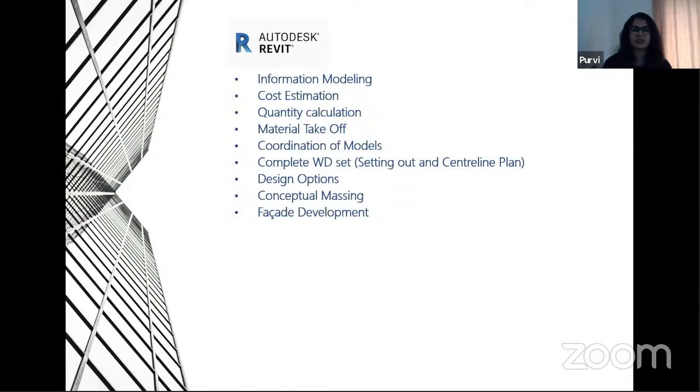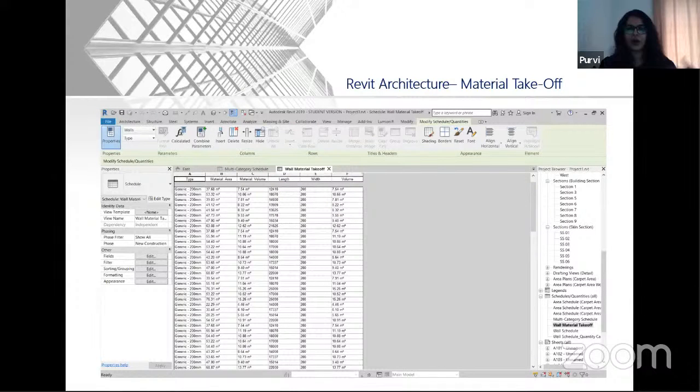So the material take-off, where we have entered the material area. This schedule shows us the material area. It shows us the length, breadth, and the height of the volume of the particular brick or the particular wall, and that's how you can calculate your materials through these.